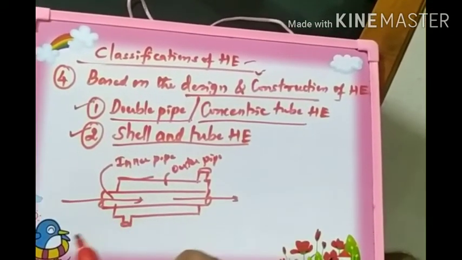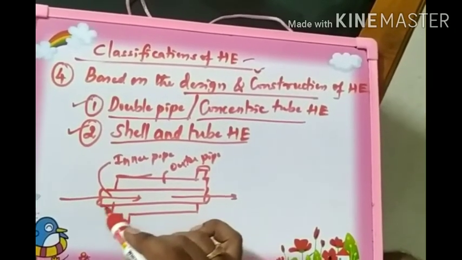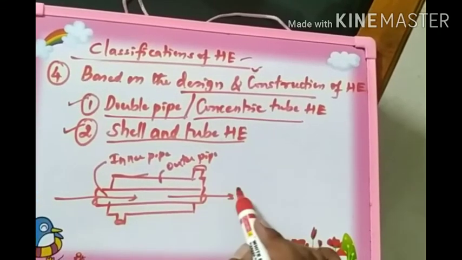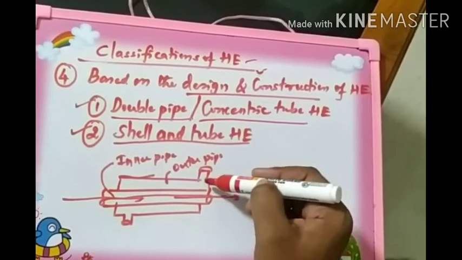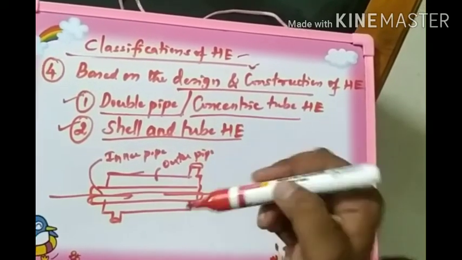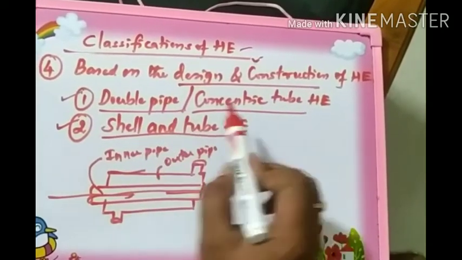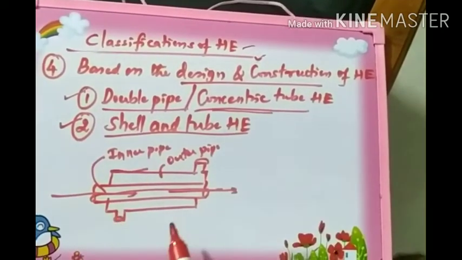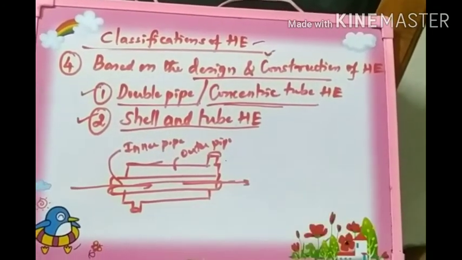They are designed and constructed in such a way that the two pipes have the same center of axis. So since there are two pipes and they are concentric with each other, the heat exchangers are called as double pipe or concentric tube type of heat exchanger. This is the first type of classification.